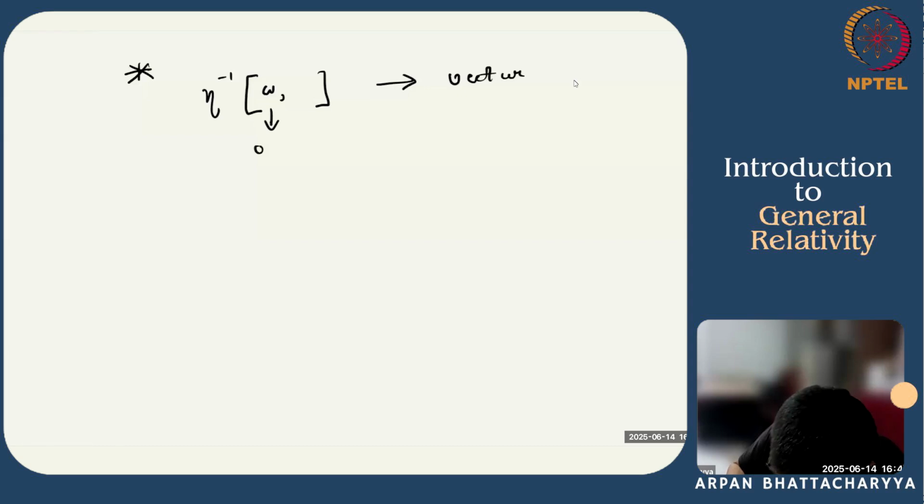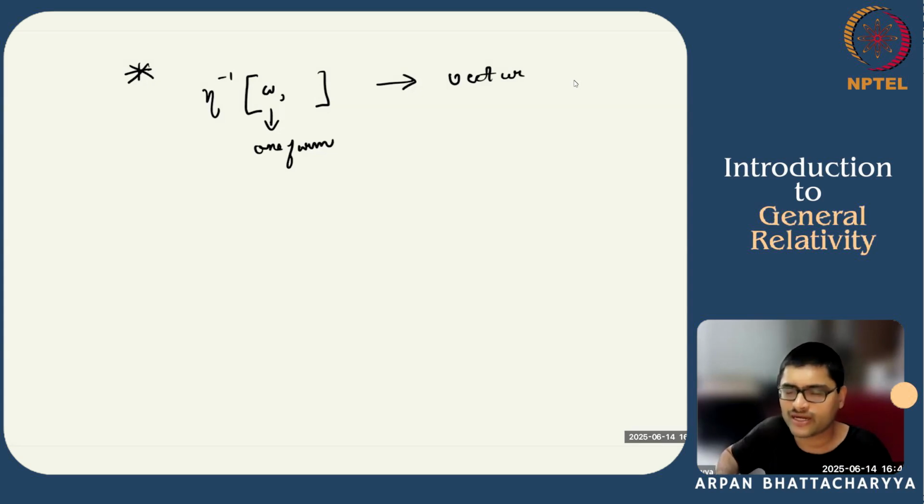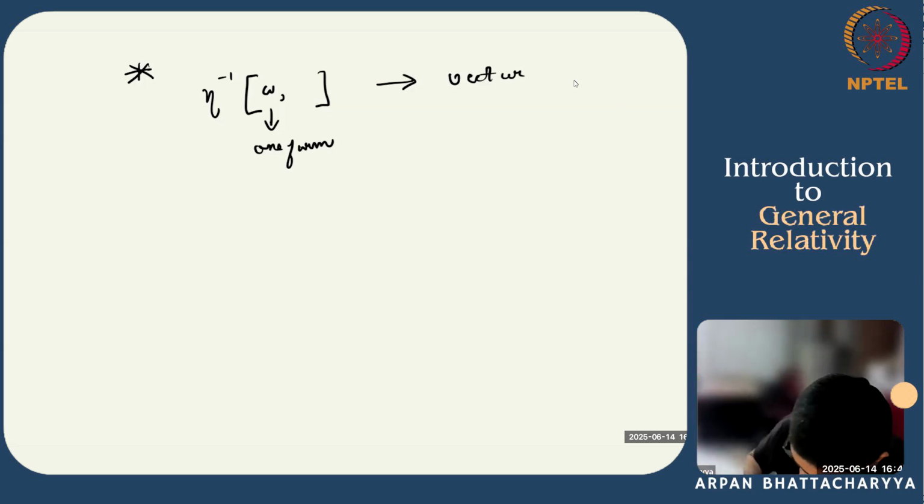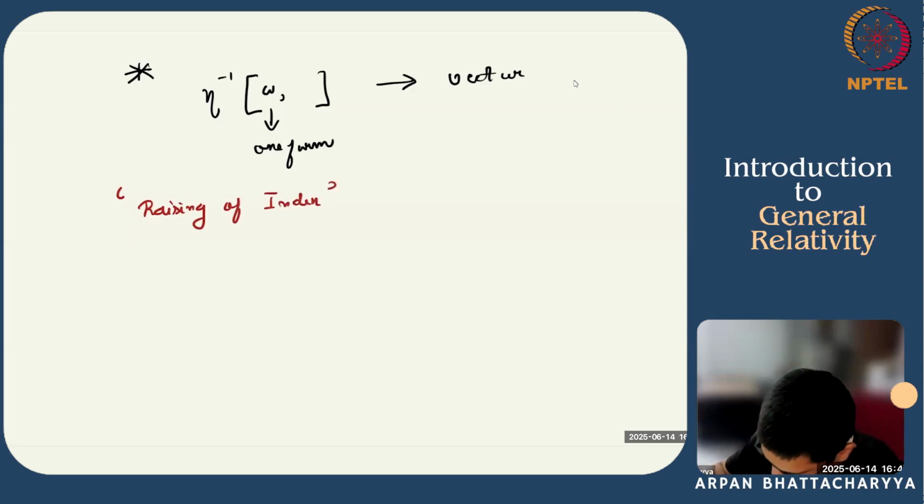This is the one form. And we will again denote the component of this vector the same as that of this one form, but with the index up. Hence, we can define something called raising of index using eta inverse.